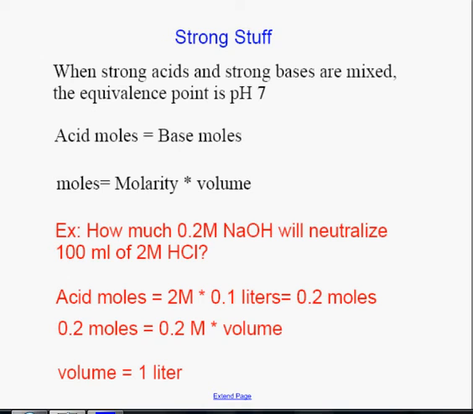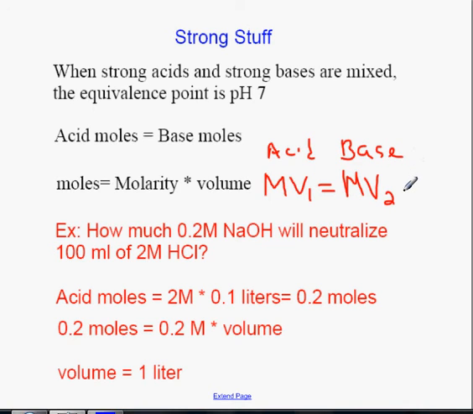Our equation for this, remember, was M1V1 equals M2V2, where this is an acid and this other guy here would be the base. MV is the moles.